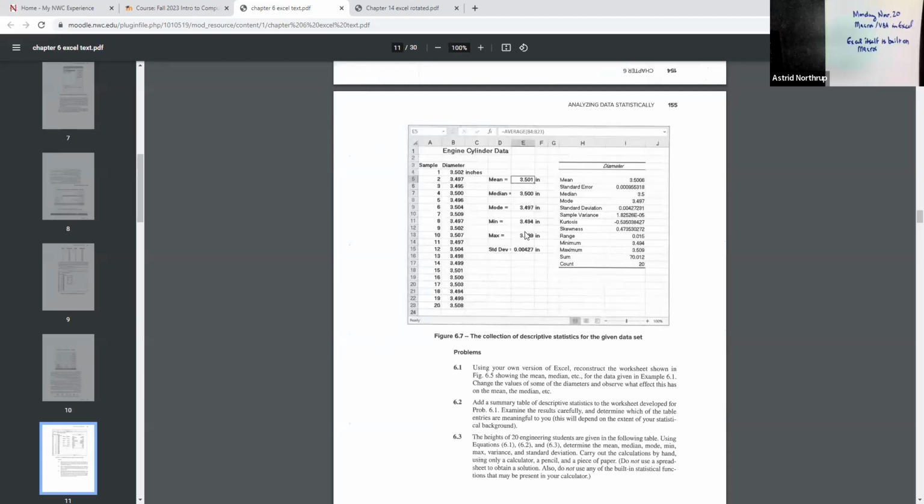Okay, that's what they're talking about. These are just the functions. After you have your data, you just construct a table with those values: mean, median, mode, min, max, and standard deviation. You'll put mean equals, and then the formula, and then put the units down on the right-hand side.